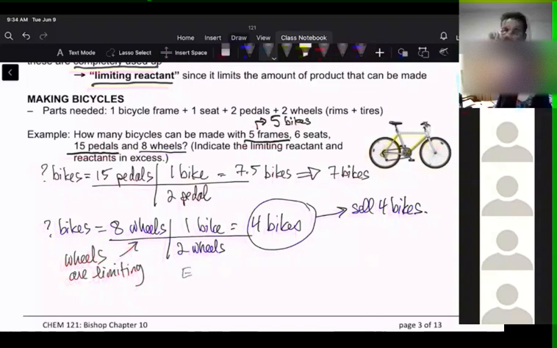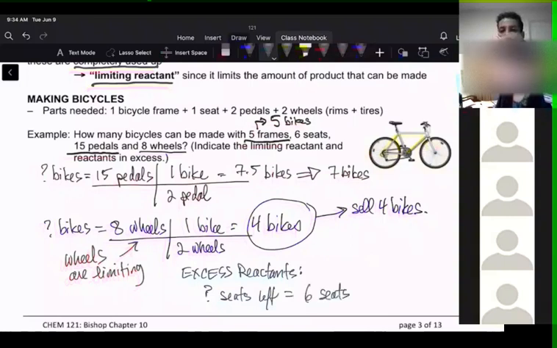Now, what if I asked you how many extra seats are there? So I'm going to say excess reactants. How many seats are left? That is going to be the number of seats we started with. We started with 6 seats. And then how many did we use? So initially, we're going to subtract 4 seats used. And then we have 2 seats left over.